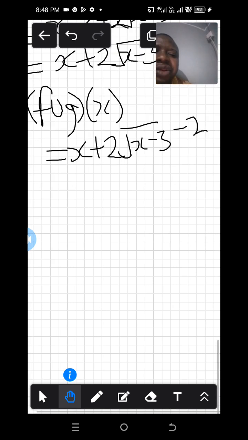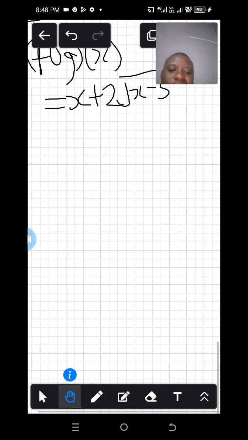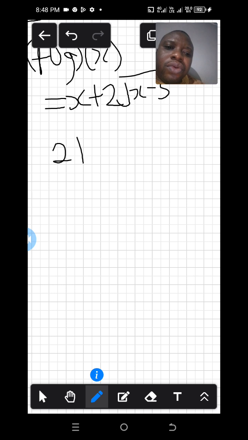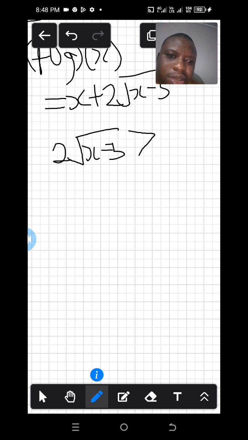So if you want to find the domain of this function, you just need to consider the square root part, which is 2 root x minus 3. Do you get that?